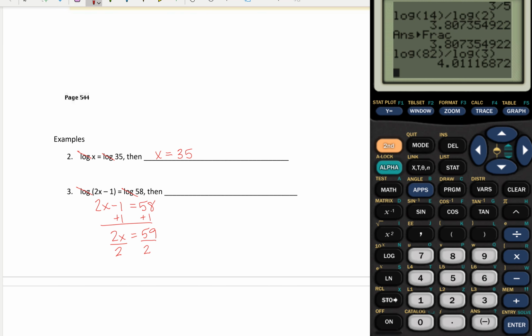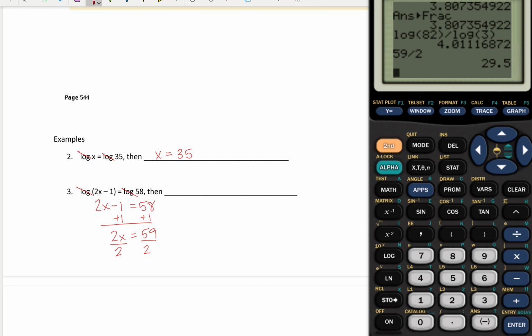I get 59 divided by 2, which I can't simplify, so I'm just going to leave it as 59 over 2. Or I can say that x is approximately 29.5.